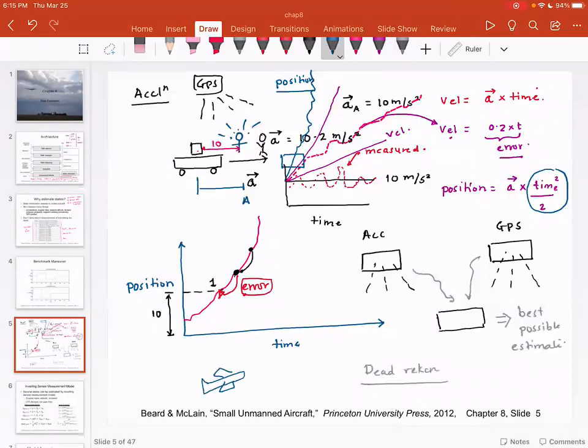For example, you have the position in north direction, position in east direction, and position in down direction, and you also need to estimate the velocities. So somehow we have to come up with some sort of smart mathematical algorithm.